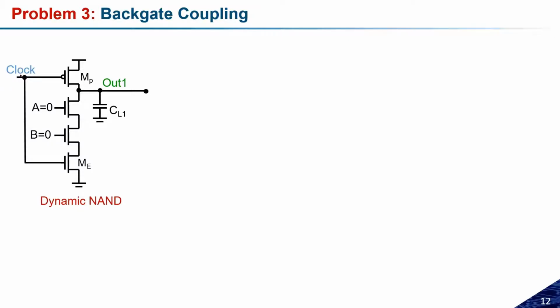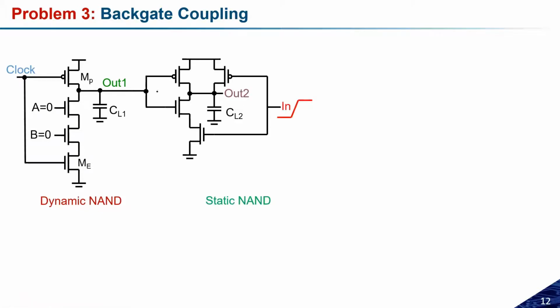Now let us consider I have connected a static circuit, like a static NAND gate, just after the dynamic NAND gate. One of the inputs of the static NAND gate is taken from output 1, which is the output of the dynamic NAND gate, and the second input is here, which we are providing with a low to high swing.